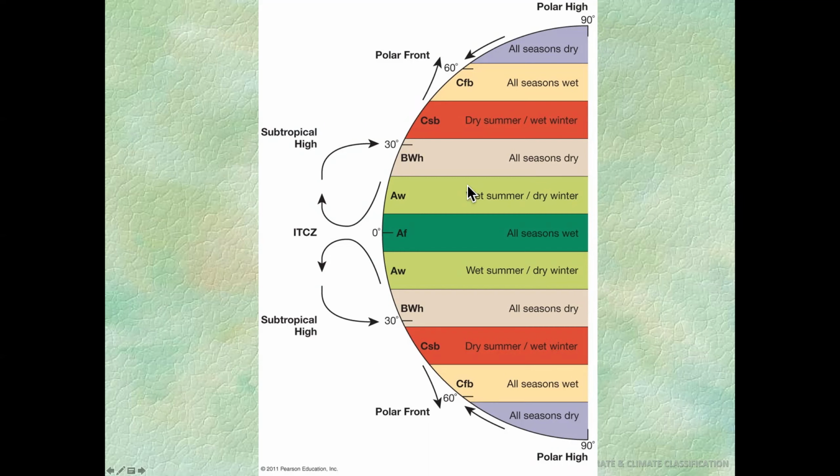And then in between, you either have a wet summer and a dry winter, or a dry summer and a wet winter. So there are places where seasonality is more of the norm, and there are places where it is pretty constantly moist. One of those places would be us in New York.